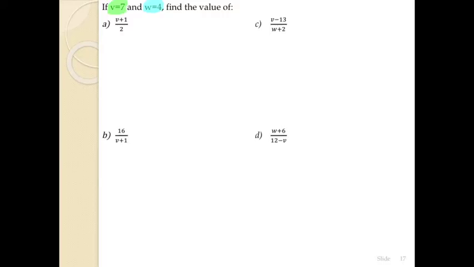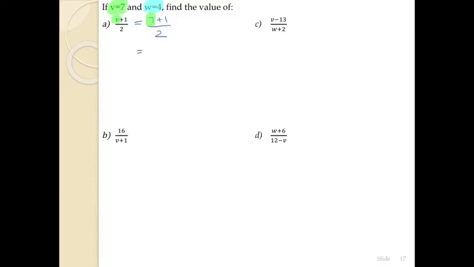So if you see here where we've got v plus 1 over 2, what we get is 7 plus 1 over 2. And that's because we have this v here, which we change with the number 7, which we got from the values given to us at the top in the question.